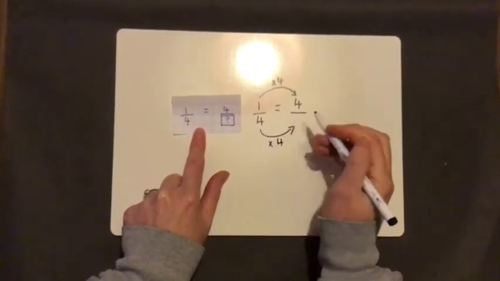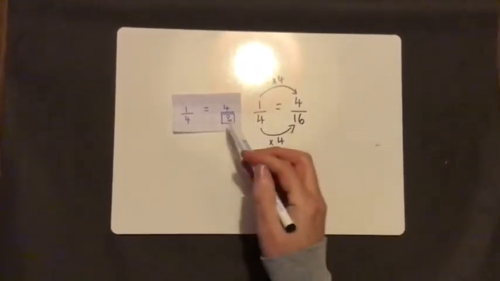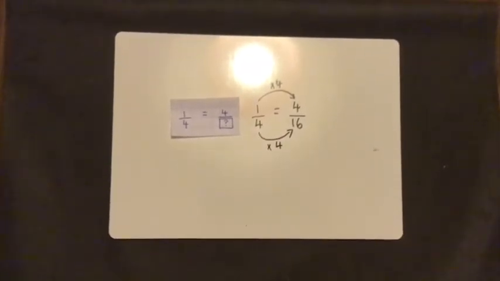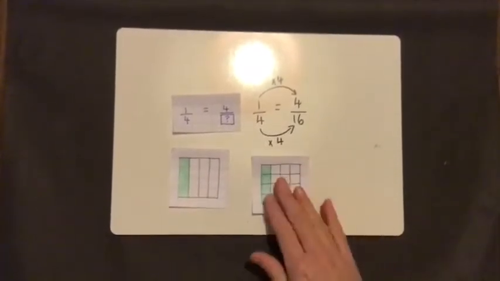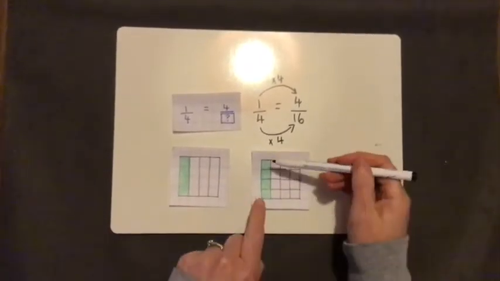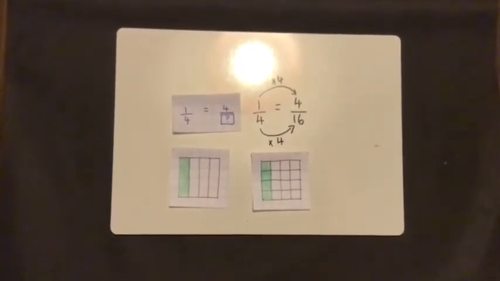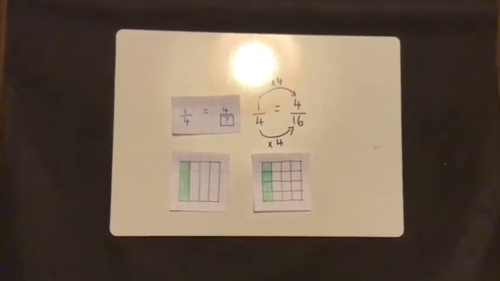So 4 times 4 would be 16. So we found out what that missing denominator is. It's 16ths. And just to show you in a diagram here, I've got 1/4 and 4/16 coloured in. We can see that the equivalent fraction has been coloured in on the same sized square.